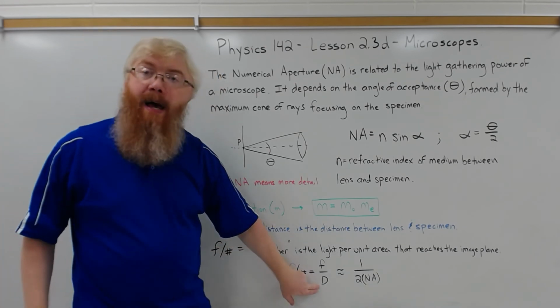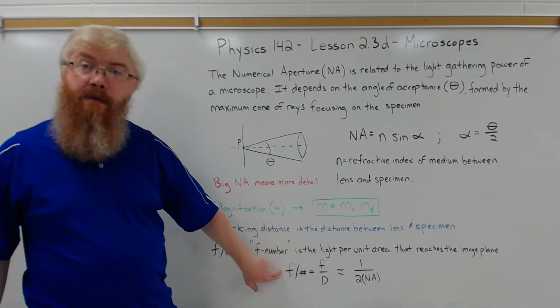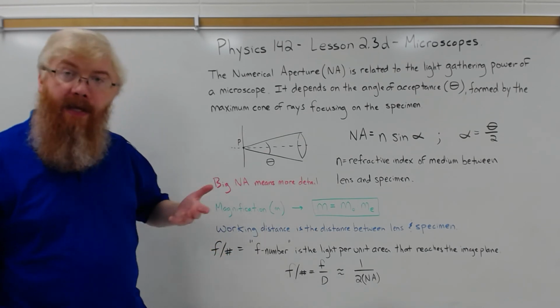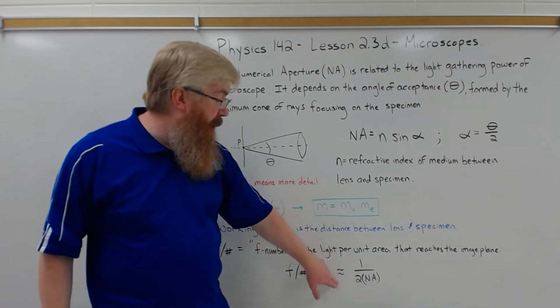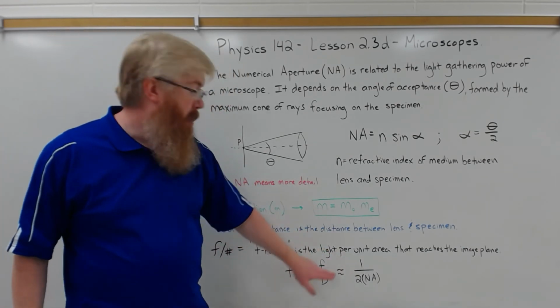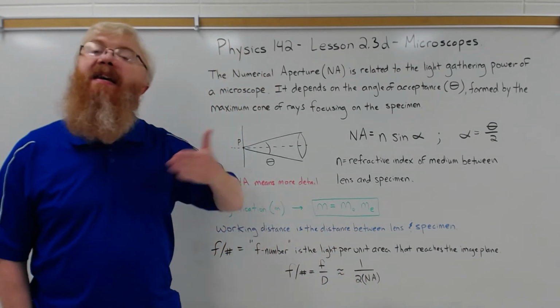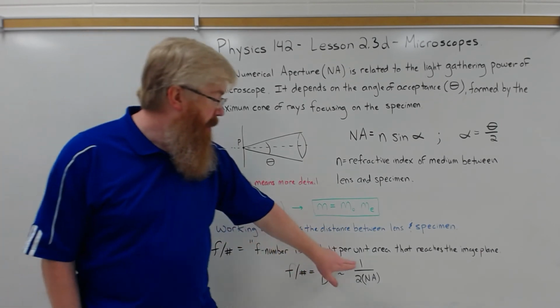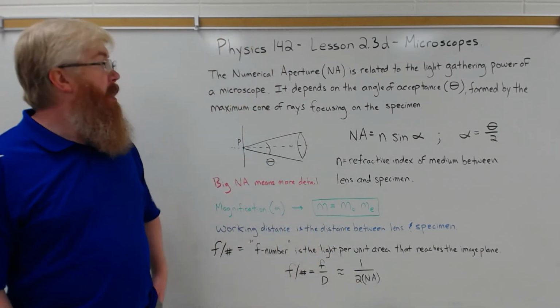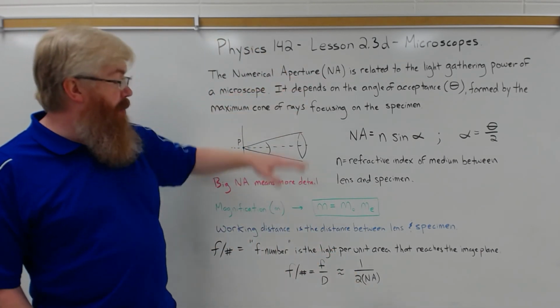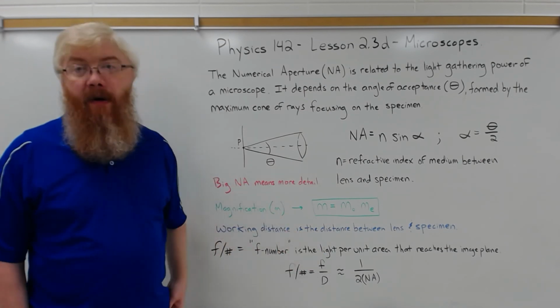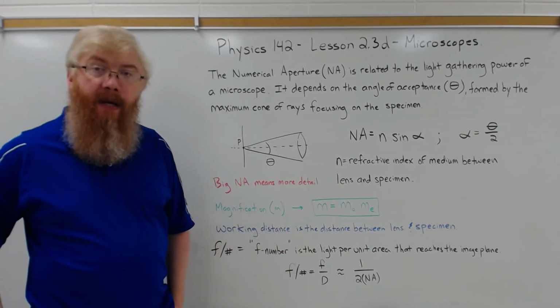A big diameter lens gives you a fast or low F number lens. It's approximately equal to 1 divided by 2 times the numerical aperture. Not half the numerical aperture, half the inverse of the numerical aperture. So 1/2 times the numerical aperture. So a big numerical aperture, big NA, gives you a small F number because, again, they're inversely related.